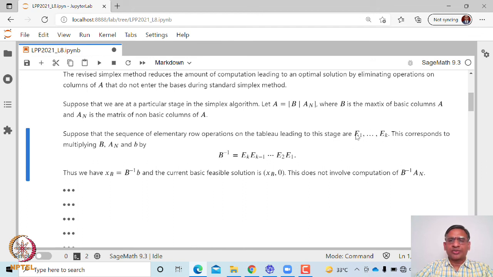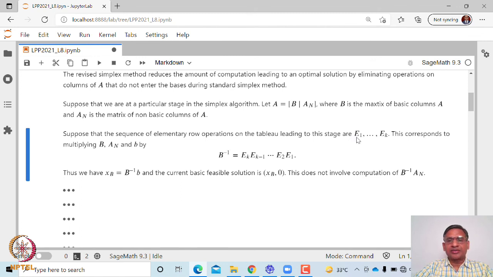What is E1, for example? E1 is going to be the matrix obtained by applying the appropriate elementary row operation on the m cross m identity matrix. Here B is an m by m matrix. So E1 is going to be an m cross m matrix which is obtained by applying the appropriate elementary row operation on the identity matrix.